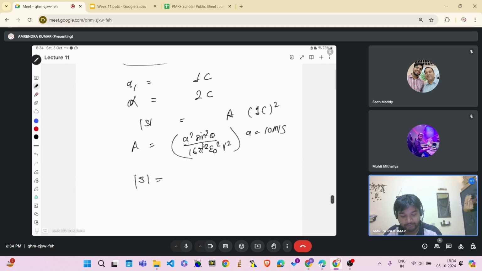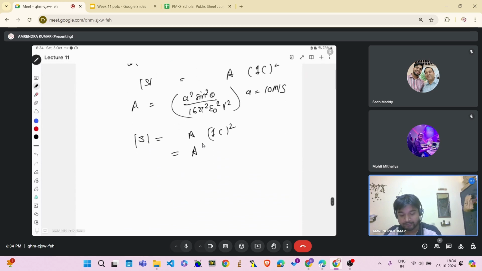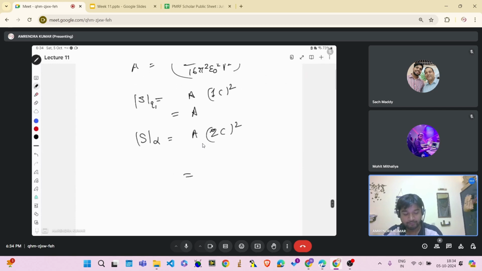So S of Q1 will be A into 1 coulomb square, but S alpha is what? Charge square, so A into 2 C square, and that's 4A.